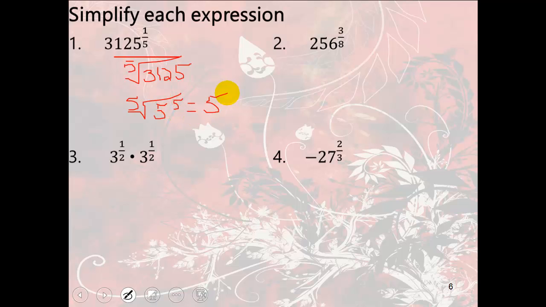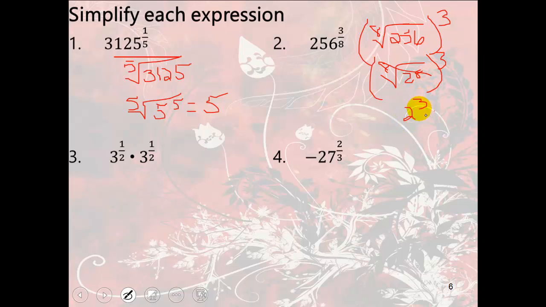This is the 8th root of 256, and then we're going to cube it. So this is 2 to the 8th, so this is the 8th root of 2 to the 8th, and then I'm going to cube it. This cancels, so I get 2 cubed, and I get 8. All right, you can also do this on your calculator.